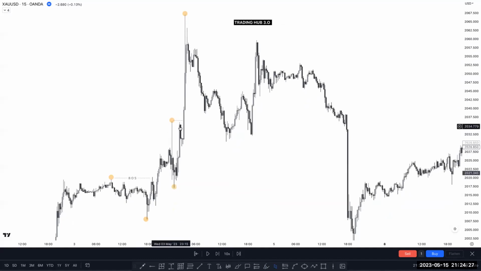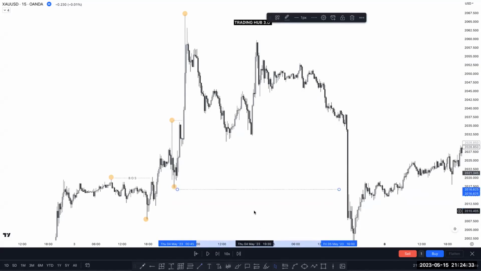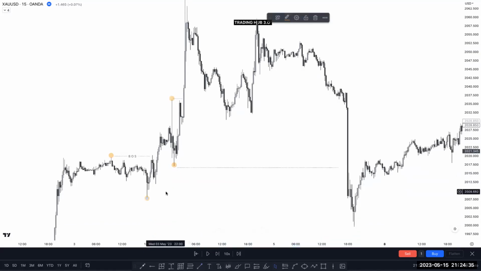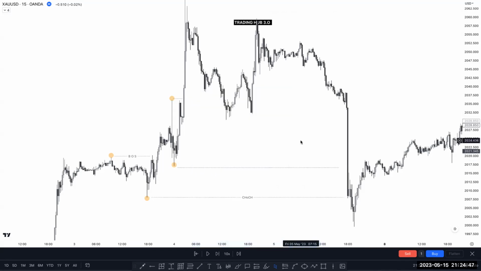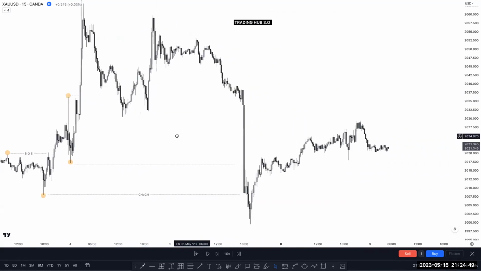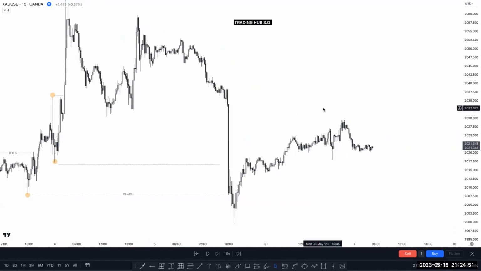So this structure will be transferred here and this low becomes our inducement at this point. And this low becomes our choch. And after choch, what happens here? You have to wait for the inducement to be taken out before selling.